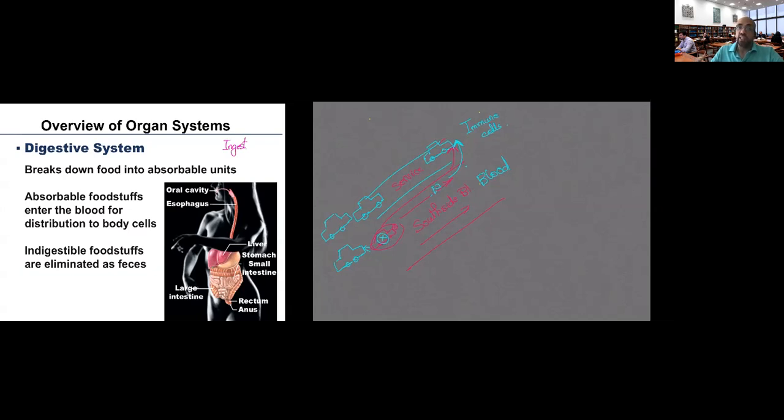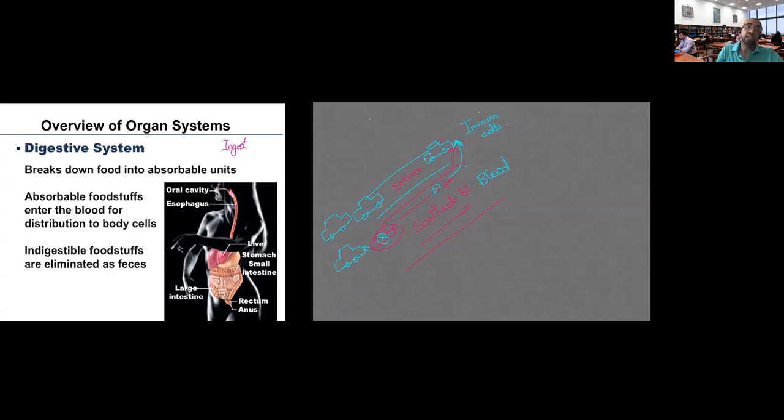After I ingest, I need to break down the ingested food to reach a certain chemical structure that my cells can deal with. So I can't deal with large chemical compounds. I need to break those large chemical compounds into very simple forms in order for me to use them at a cellular level.